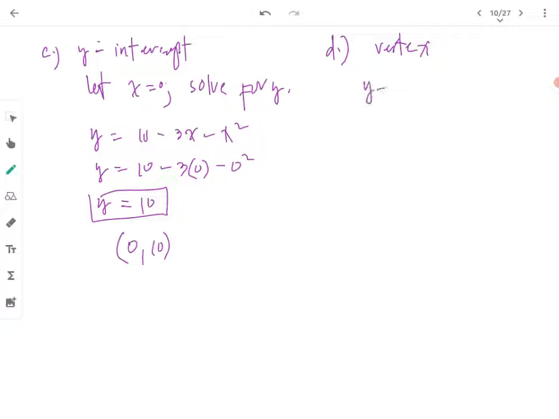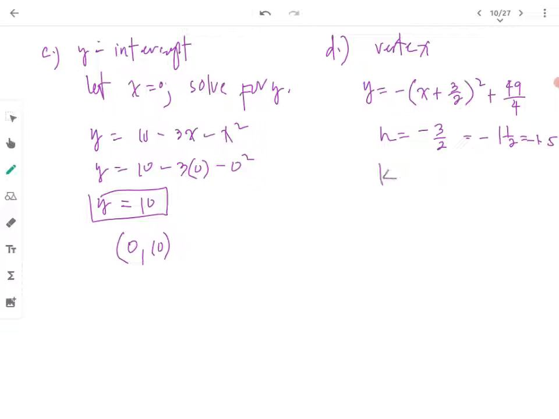So the vertex. Since this is positive, the h here is negative 3 over 2, or negative 1 and 1/2, or negative 1.5.